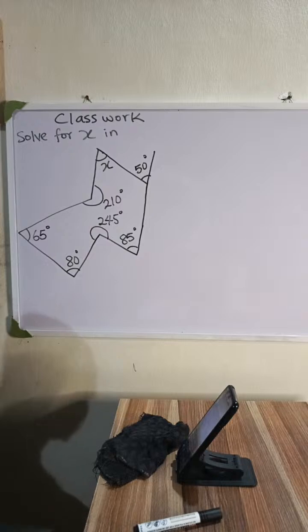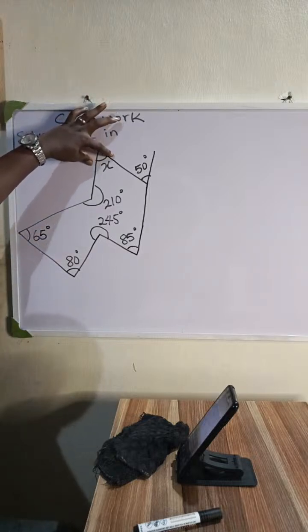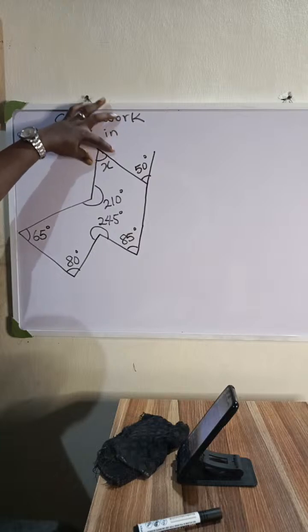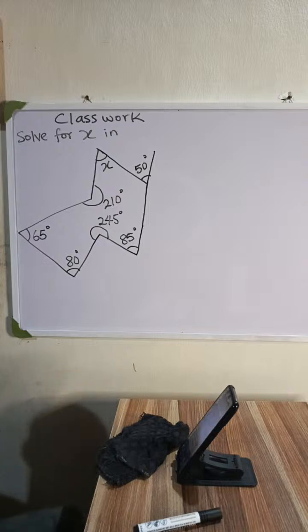Okay, somebody has already gotten an answer. 160. 165. Looking at this shape here, it tells you that this angle should not even be up to 90 degrees. So I think you missed something somewhere. Another person got 165. Probably the way I drew it is wrong.